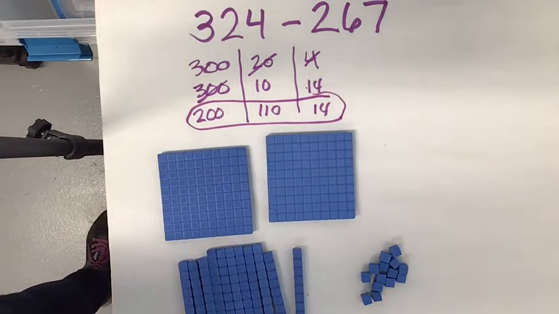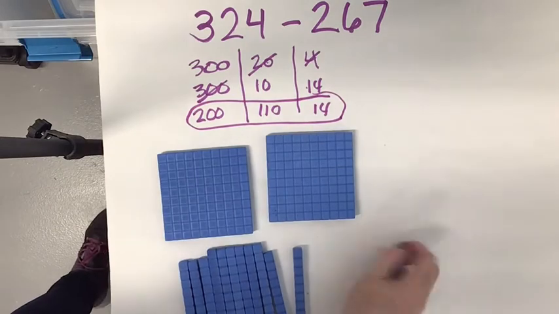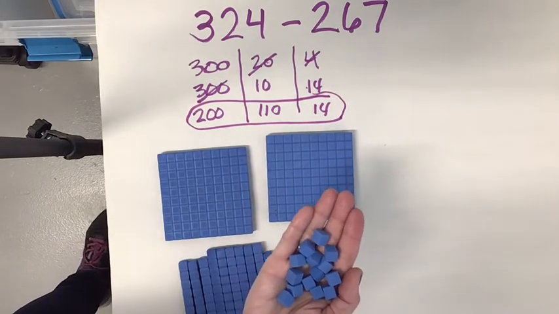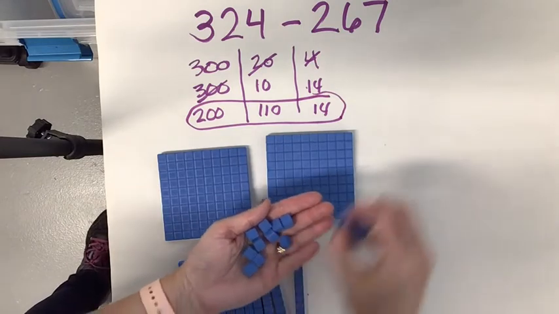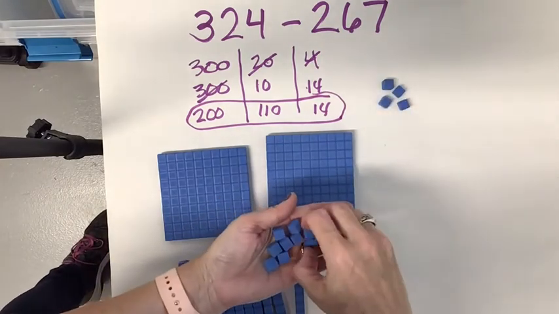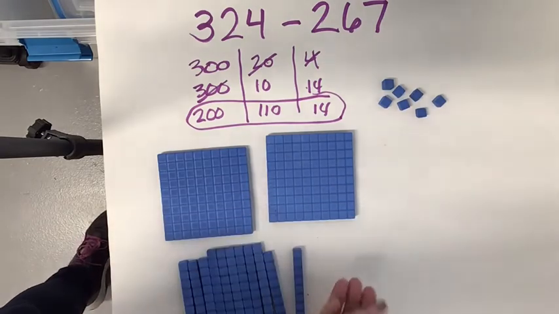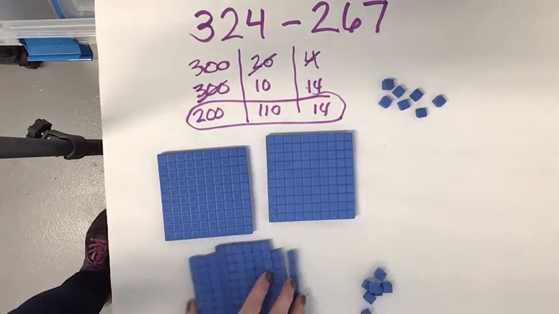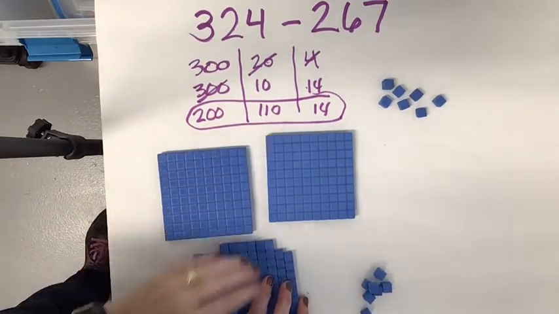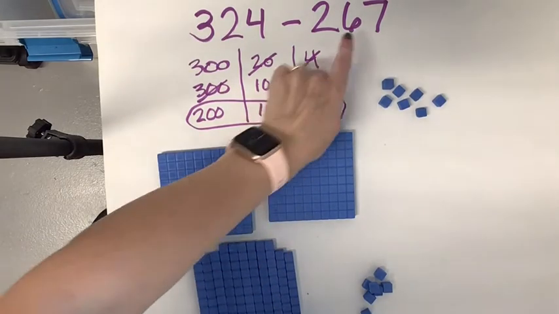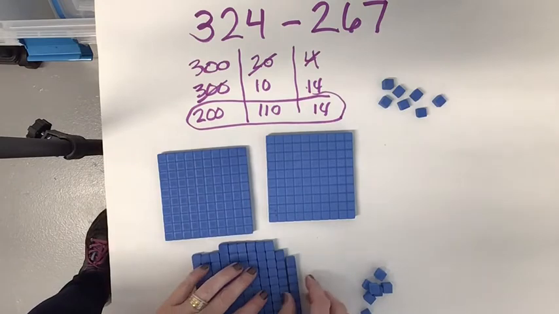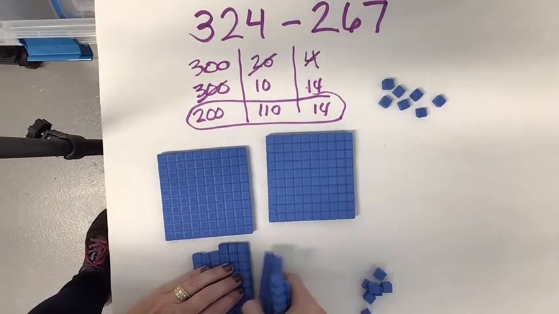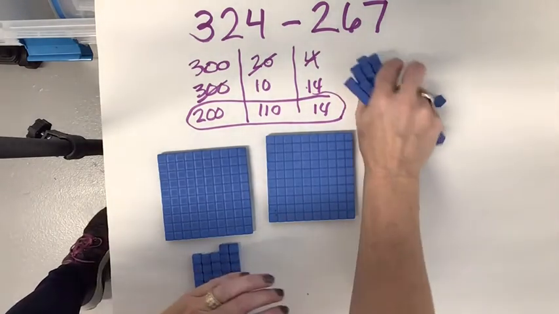So if I have 14 units and I need to take 7 away, can I do that? Yes, I can separate 7 from this. 1, 2, 3, 4, 5, 6, 7. I separated 7 out of that. If I have 11 tens and I need to separate 6, can I do that? Yes, I can. 1, 2, 3, 4, 5, 6.